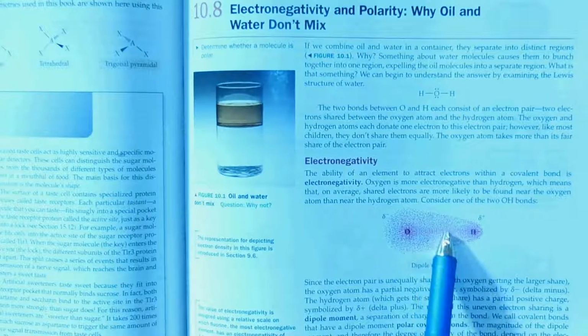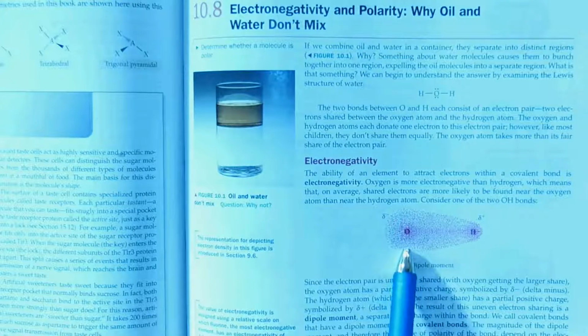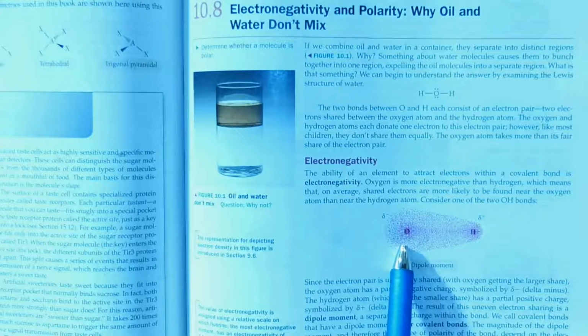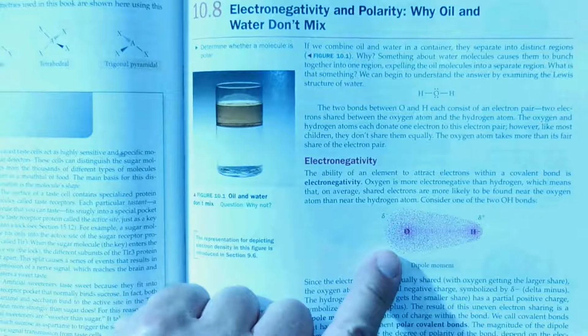Remember, you have two electrons that are being shared here. Oxygen has a higher electronegativity, has a greater ability to pull those bonding electrons over that way. So if you look at the electron cloud, that's what they're trying to show with all these little red dots, the electron cloud. You can see how the electron cloud's pulled over to the left there towards the oxygen.